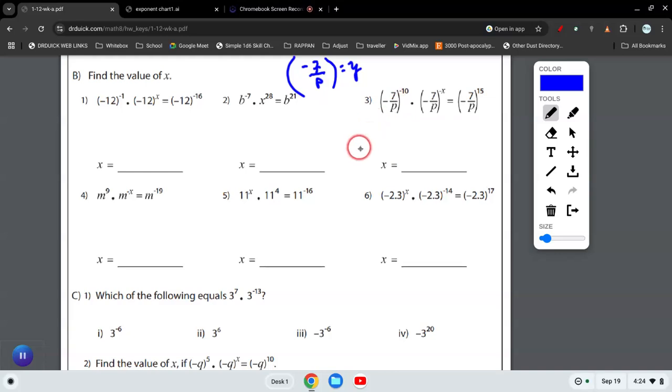I know that sounds weird, but it makes it easier because this doesn't really matter for what I'm trying to show you. y to the minus 10 times y to the minus x, and I said x was minus 25, right? But it's the minus x, so it's minus minus 25, equals y to the 15.